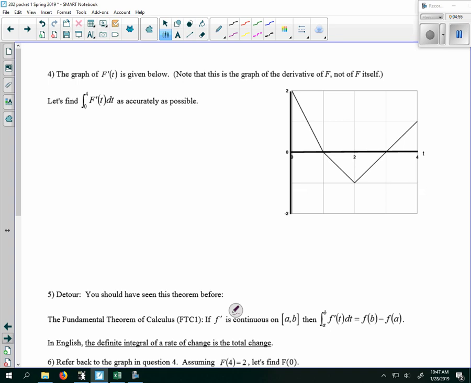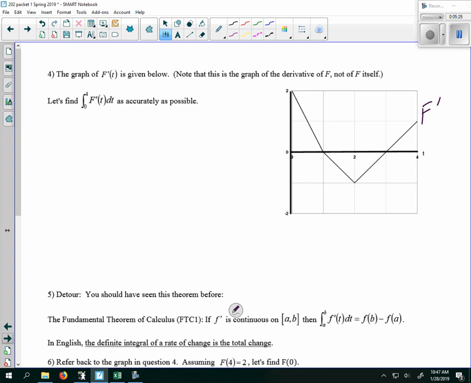All right, so I'm going to calculate a definite integral here without having a formula. So I don't need a calculator. I want to integrate from 0 to 4 f prime of t dt as accurately as possible. And this is the graph of f prime. Okay. So the integral is the area under the curve. So I want to calculate the area under this curve, where area above the x-axis is positive and below the x-axis is negative.